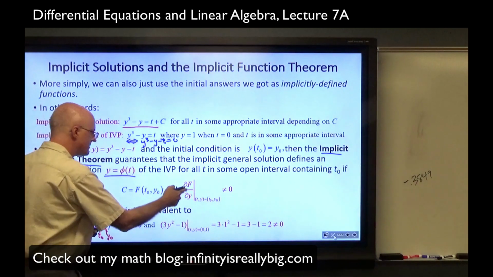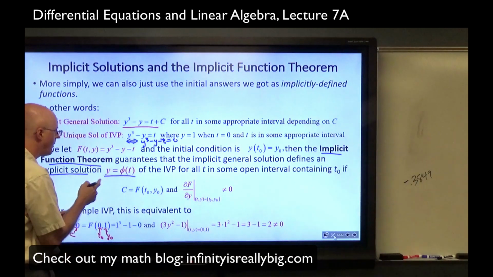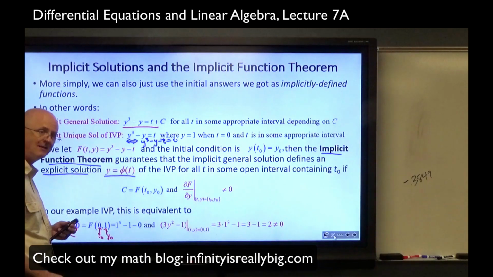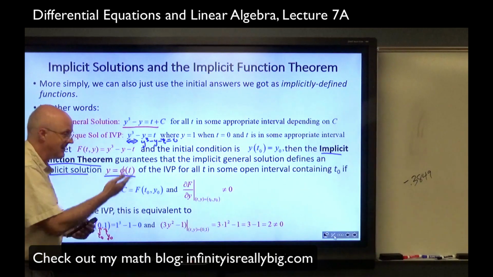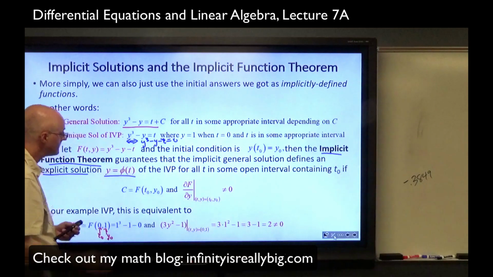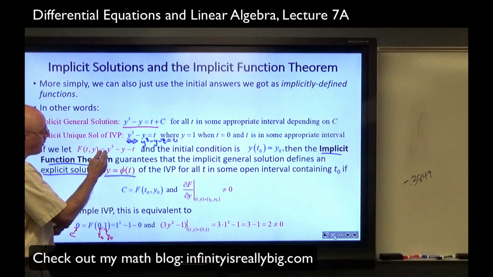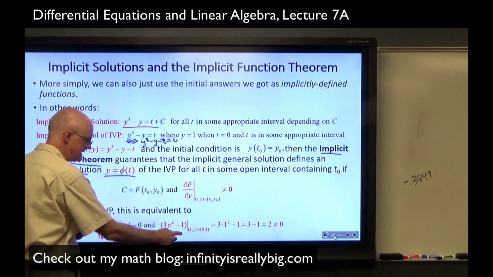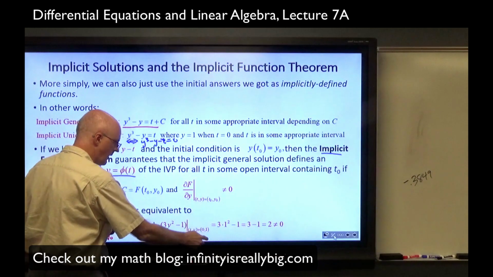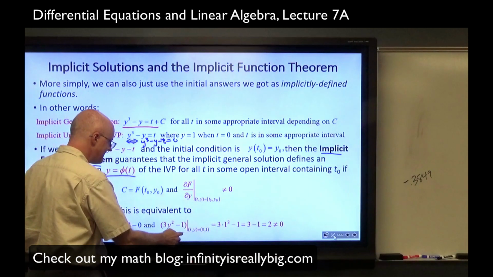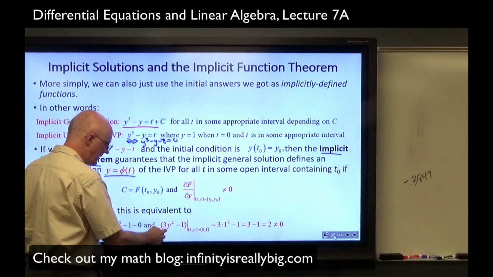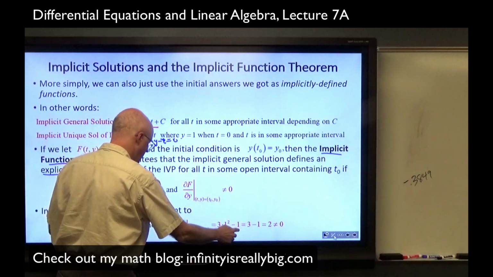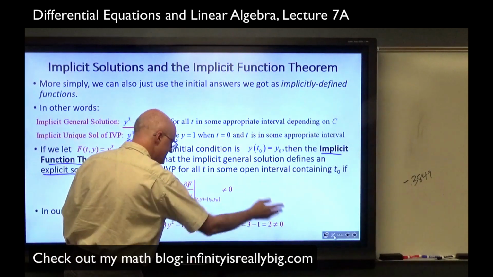And yes, the partial derivative of capital F with respect to y, treat the t like a constant. If you differentiate with respect to y, it differentiates to 0. This part differentiates to 3y squared minus 1, which is what you see there. Plug in the initial point, 0, 1, into that. There's no t's there, so you just plug in y equals 1. You get 3 times 1 squared minus 1, which is 2, which is non-zero.